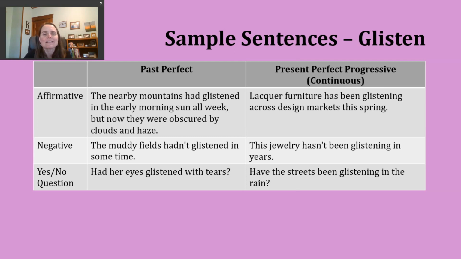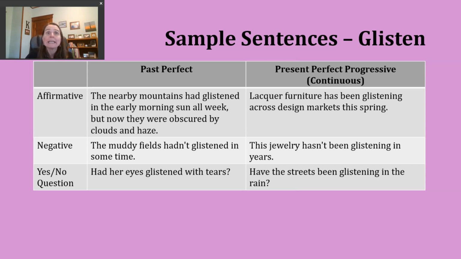Here's another example sentence. This jewelry hasn't been glistening in years. Okay? Again, this idea of we're going back in time, continuing into the present, and maybe no one's going to do anything to cause it to glisten anytime soon. So it might continue into the future.